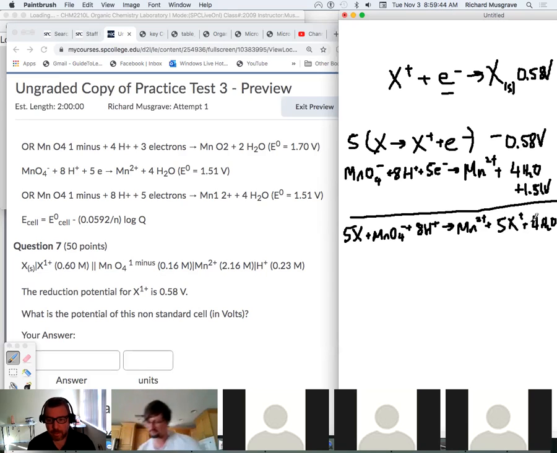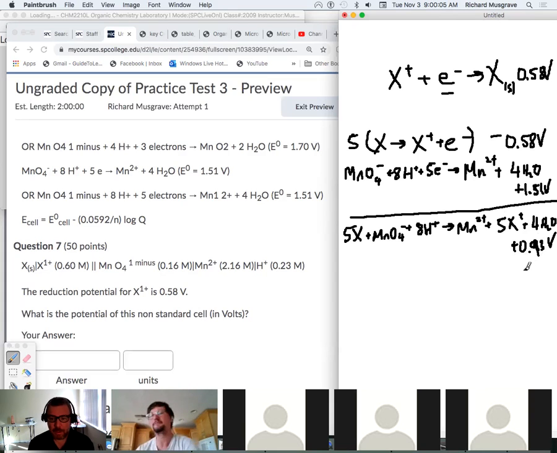And I add these two together. That'd be 0.93, I think. Now this could be a negative value, so you need to be aware of that. So positive 0.93 volts is what I get.